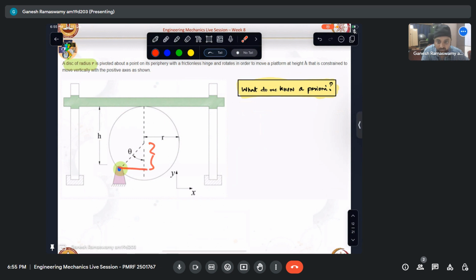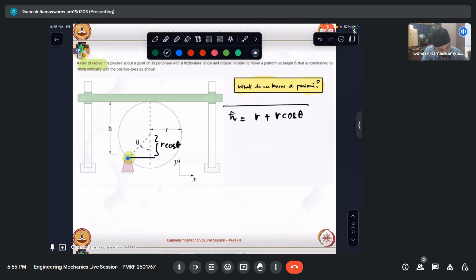So from the problem, I can write h is nothing but r plus r cos theta, because this distance is r cos theta. So once we have this relation, we can find out all the unknown velocities and accelerations in the problem. So this is essentially a problem of absolute motion.